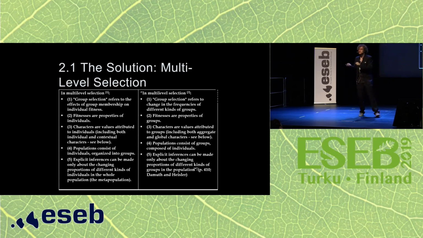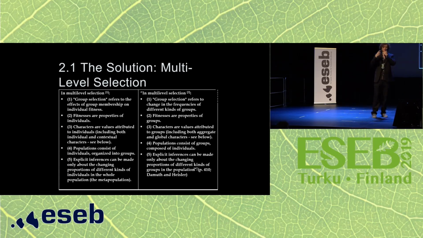In multi-level selection 2, group selection refers to the change in frequencies of different kinds of groups. Fitness here is a property of groups. When Maynard Smith criticized group selection models, he had something like multi-level selection 2 in mind, that this is actually not group selection, right?